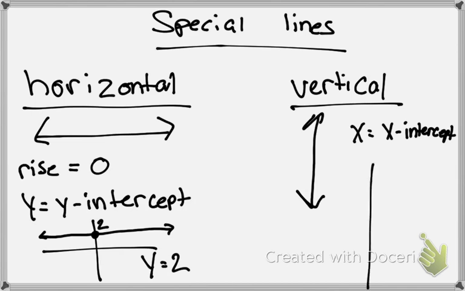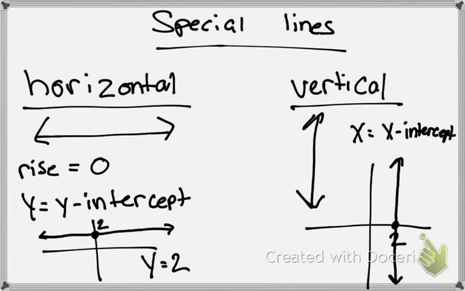So again, if we look at a graph, I'm going to look at x equals 2. So 2, 0. And my line is actually going to run vertically.